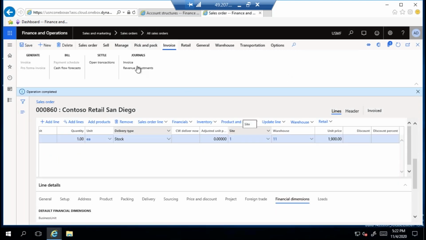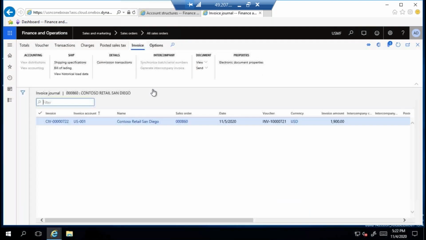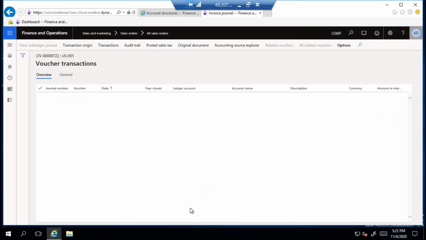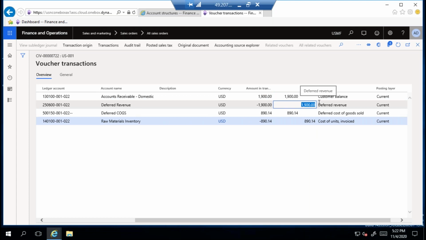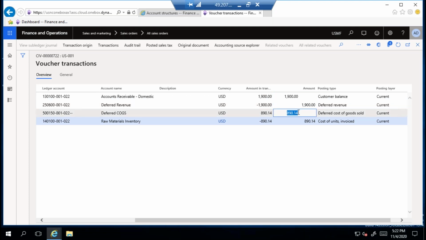If you verify the invoice voucher now, look at this one. Customer account debit to revenue account credit, and cost of goods account debit to cost of units, which means inventory.